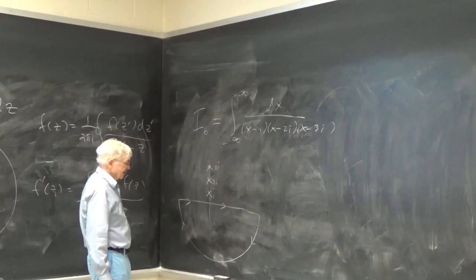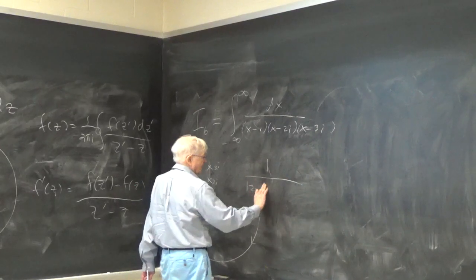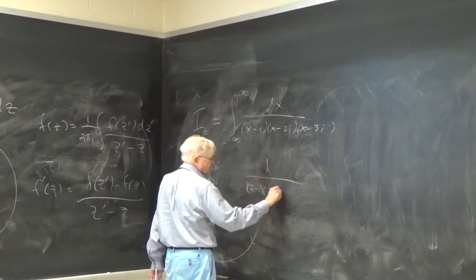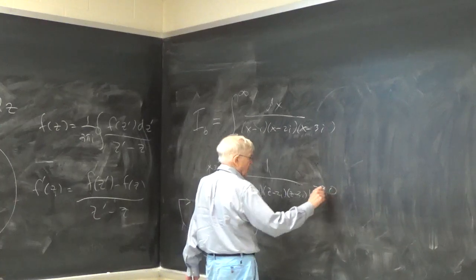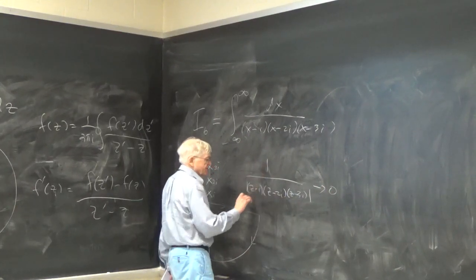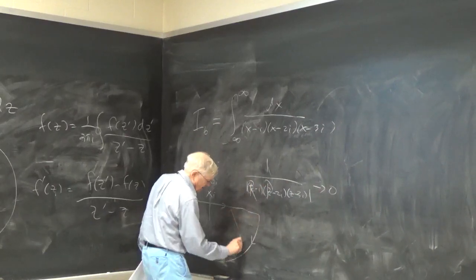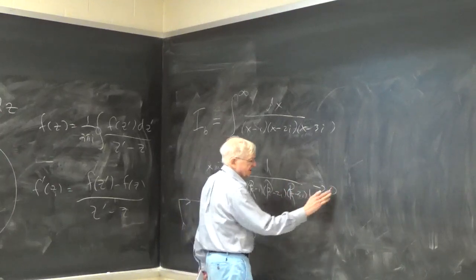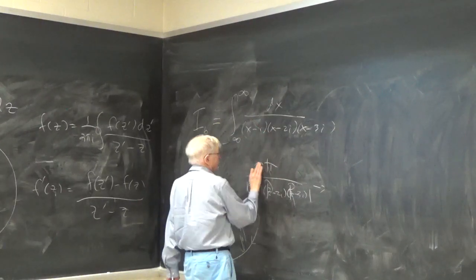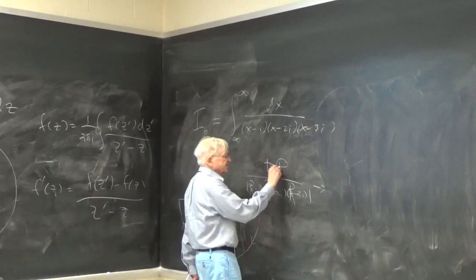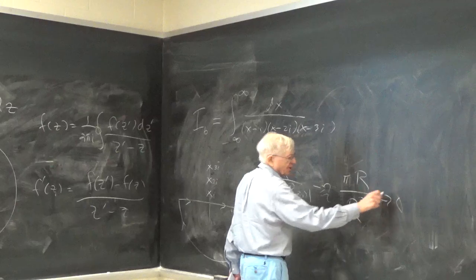And this is a ghost contour because 1 over the absolute value of z minus i, well, I guess it's the product of all of them, z minus 2i, z minus 3i, this goes to 0, and in fact, if we imagine that z is roughly of the order of r, where r is this radius, then what we have here is that this magnitude is, when you take into account the length of this curve, that length of the curve is pi r, and so what you have is pi r over r cubed, essentially. And that goes to 0 as r goes to infinity.